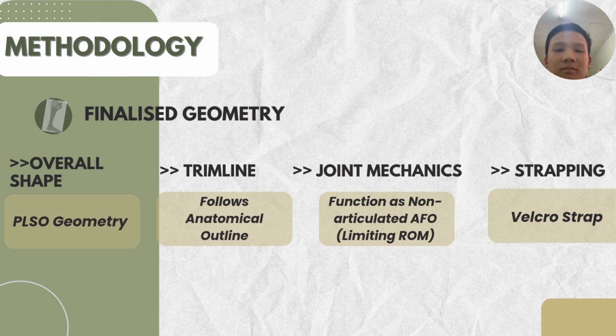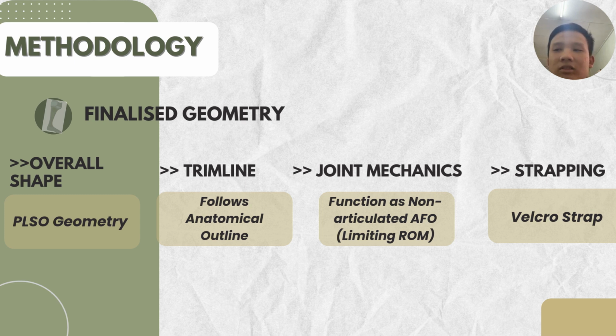For the overall shape, we use the PLSO geometry, at which we put the strap on the upper side of the AFO, which is the proximal side of our tibia. Then for the trimline, we cut it following the anatomical outline, so that users can have a smoother experience and also prevent injury when donning and doffing.